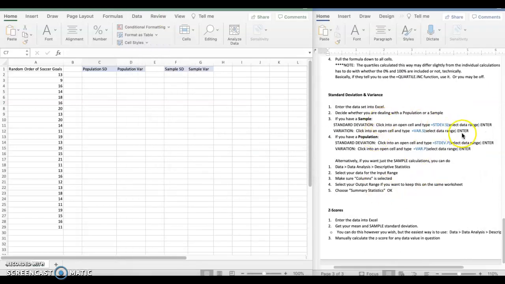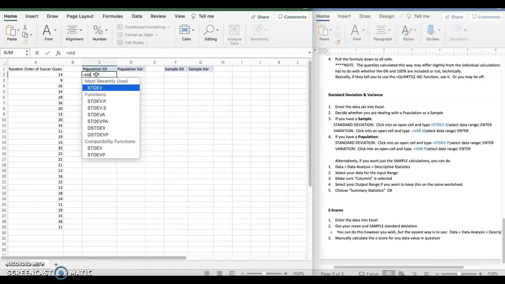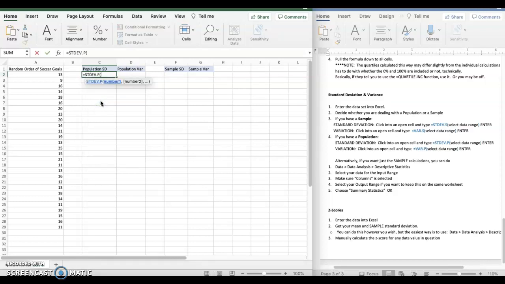And here we have our two formulas. Notice that the difference is that it's either STDEV.S and VAR.S, or it's .P, for sample or for population. So to start, we're going to use the equals STDEV.P formula.